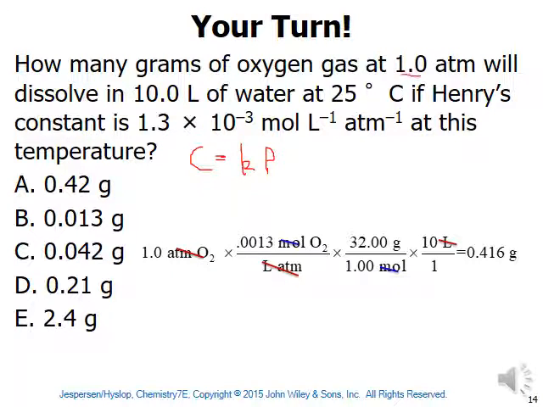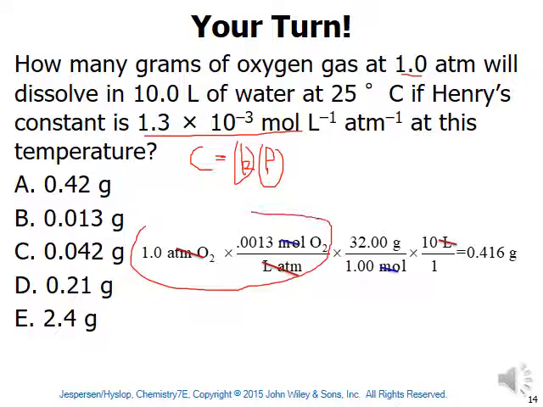What it gives us is the pressure, 1 atmosphere, and it gives us K, which is this value here. So the first thing we're going to do is figure out this part right here using moles. We go K times P, which is this right here.